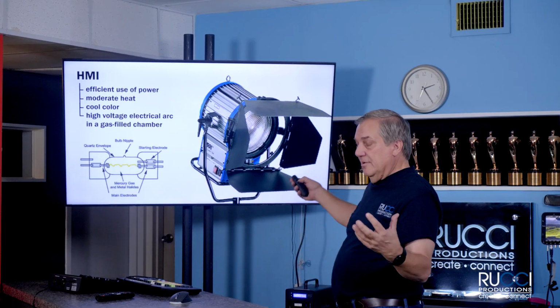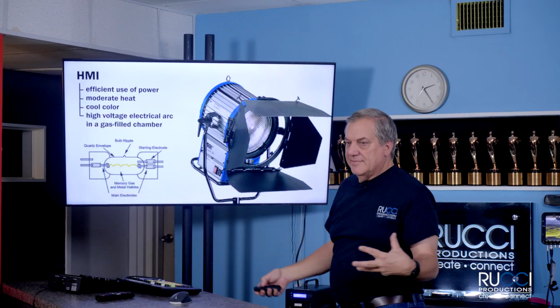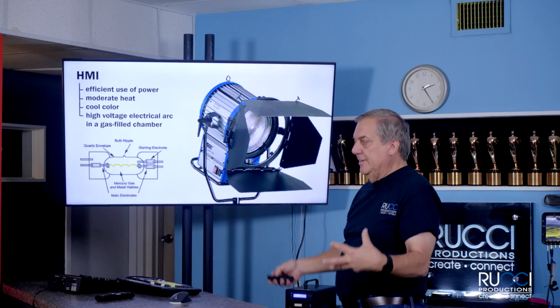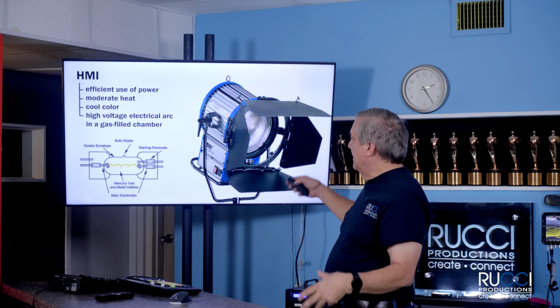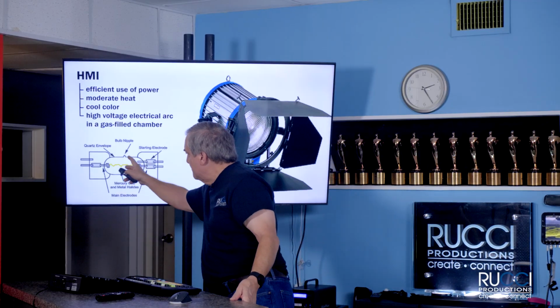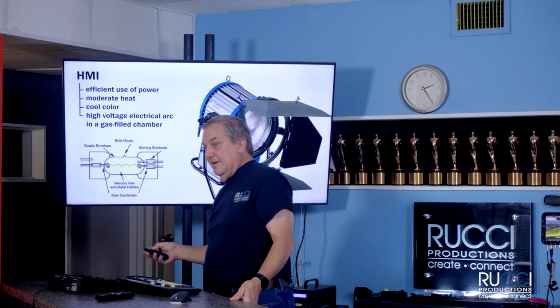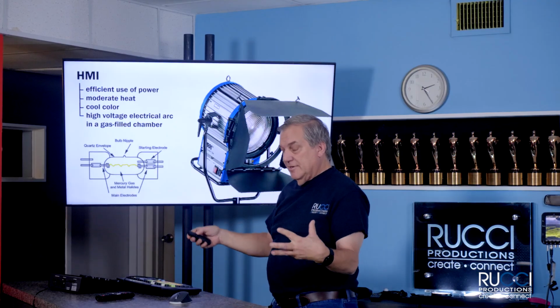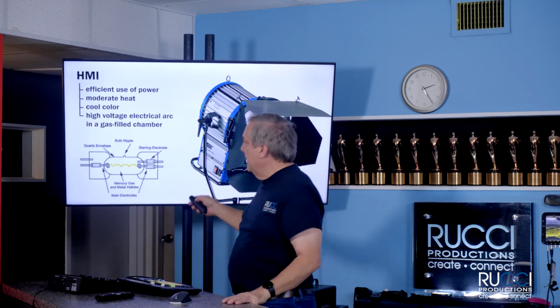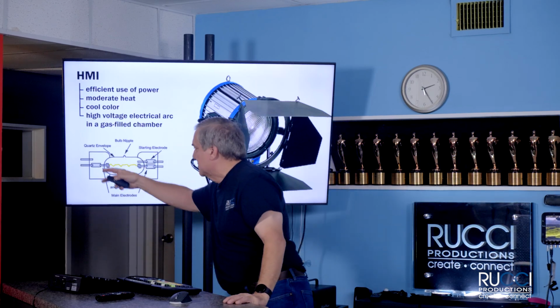They're often very large lights because they're the only light that can put out that much light. So when somebody needs something really big, they'll go to an HMI, but there's like a little glass envelope. There's a gas in there. It's also very high voltage. There's a transformer, a ballast, that jacks the voltage way high up, and it creates this arc of electricity that's very, very bright.